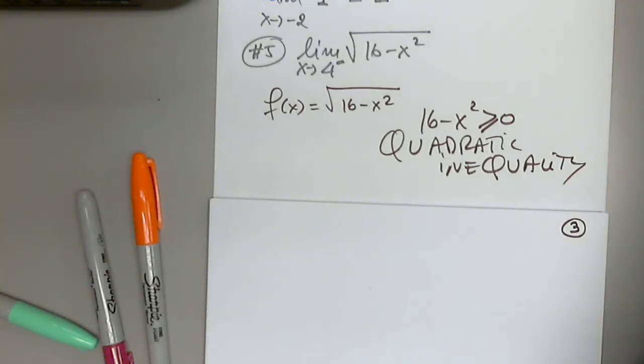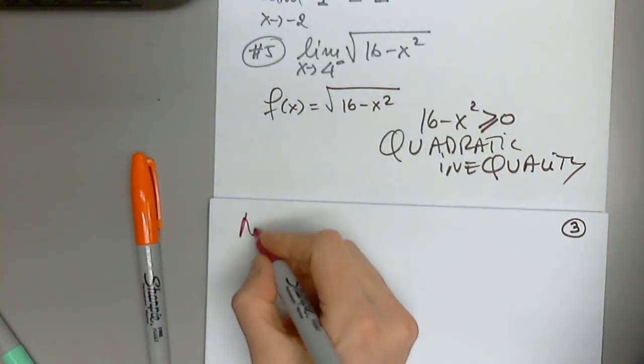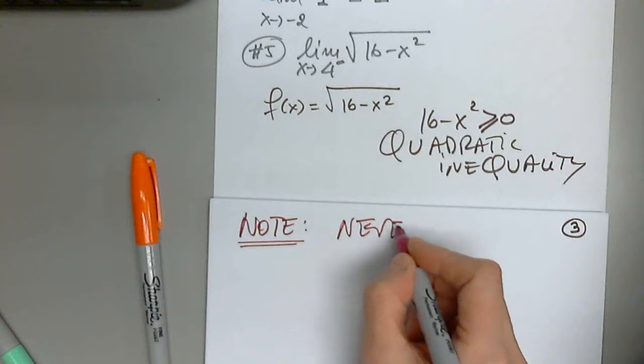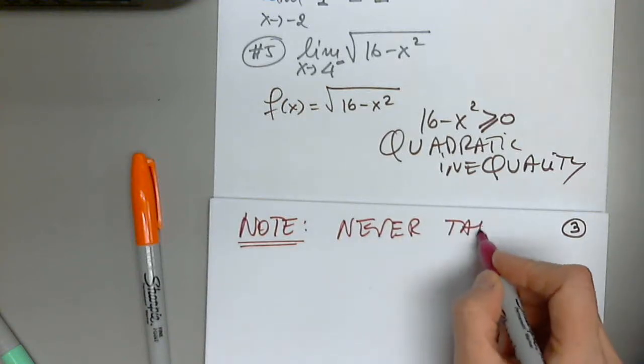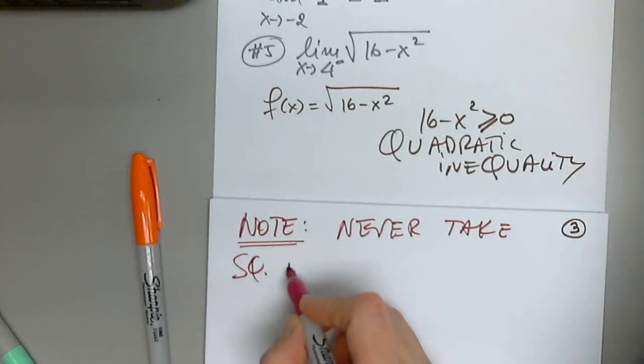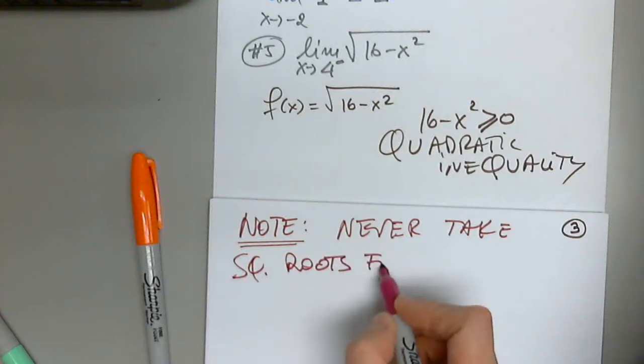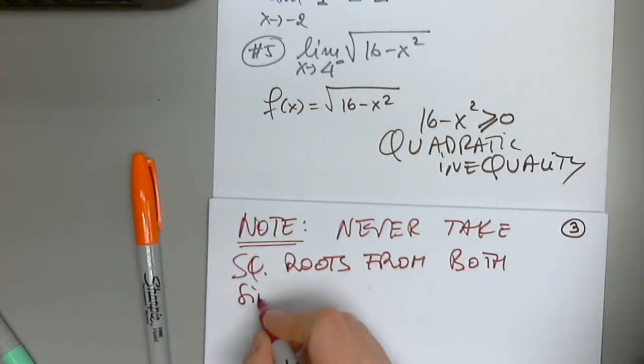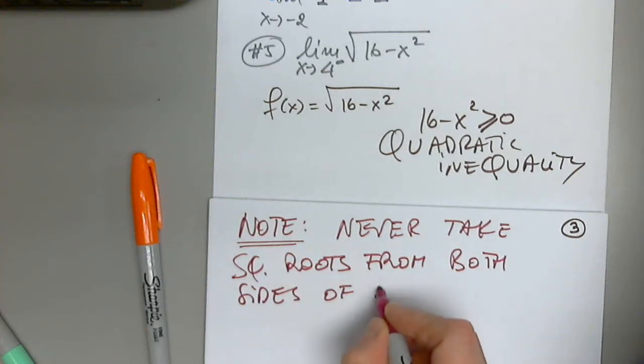What is the starting point? What do I need to do? And please do not say, separate the terms and take the square root. Let's write this as a note. Note, never take square roots from both sides of an inequality.